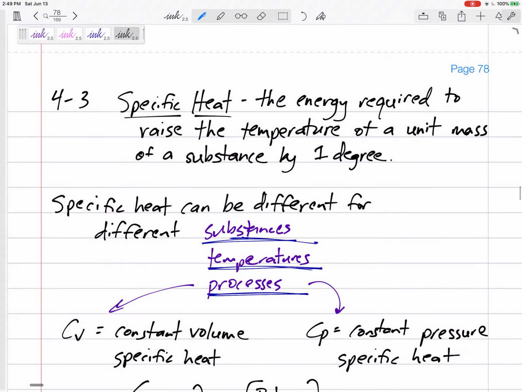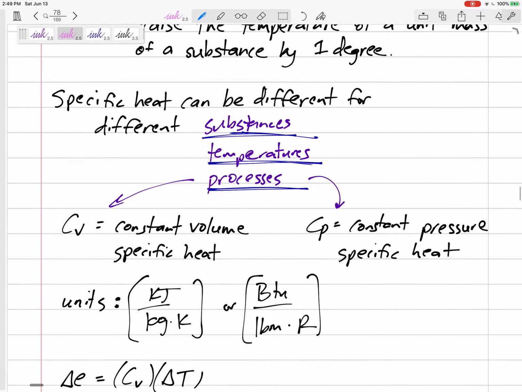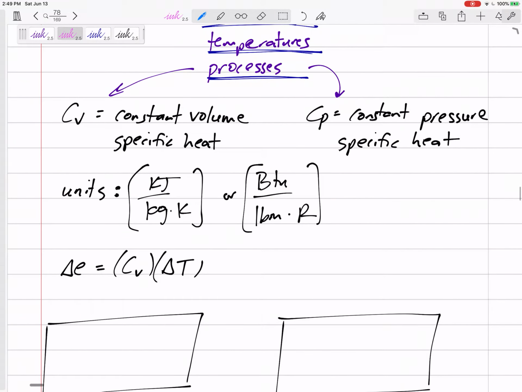Okay, so if the definition of a specific heat is the energy required to raise 1 kilogram 1 degree, then the specific heat is the energy per degree T, so we can multiply it by the temperature change on the other side of the equation.